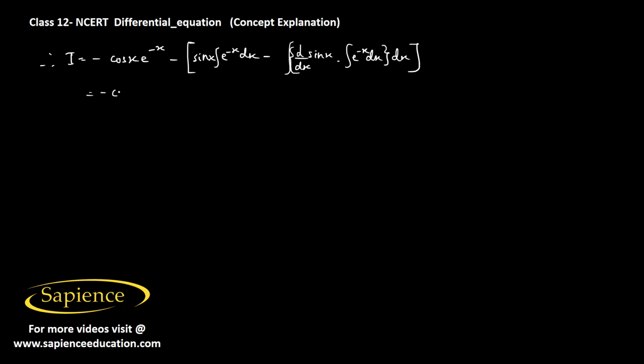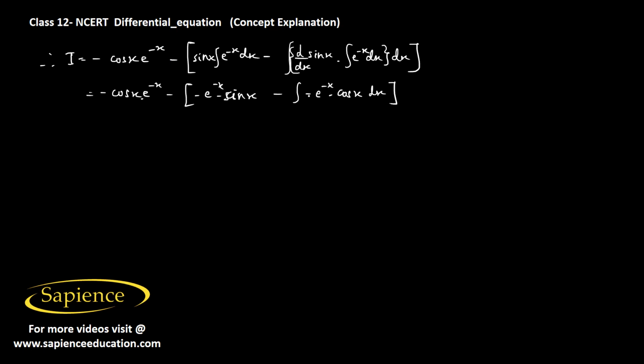So this would be minus cos x e power minus x, minus minus e power minus x into sine x. Then d by dx of sine x is cos x, and this is minus e power minus x into cos x dx.